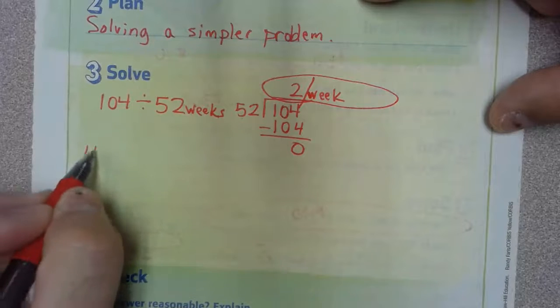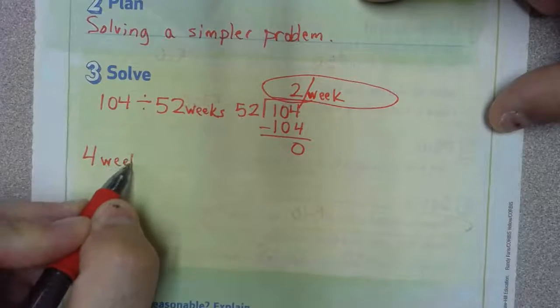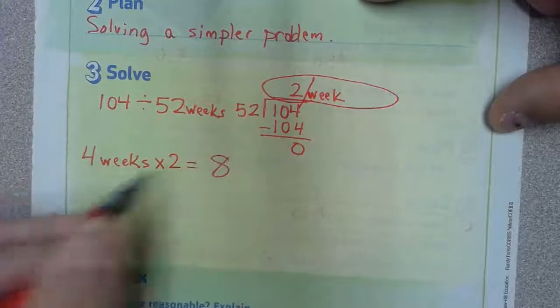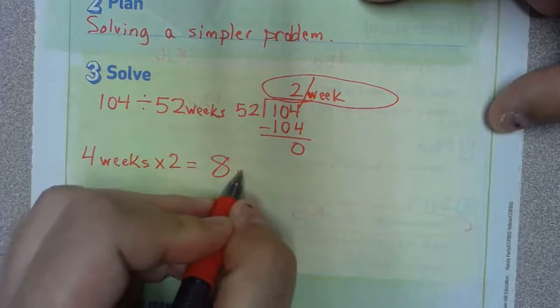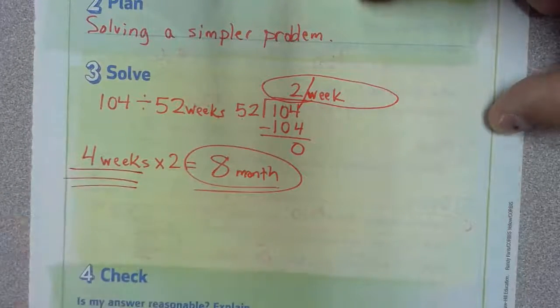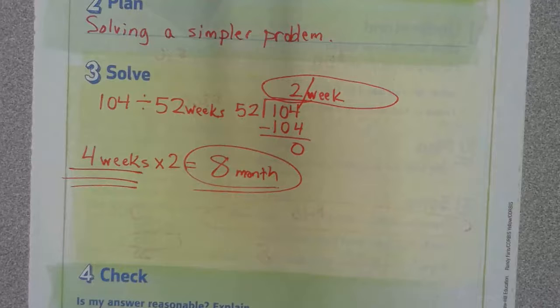So he says there's 4 weeks in a month. 4 times 2 equals 8, he said. So it looks to me like the answer is she watches 8 movies a month because he said there's 4 weeks in a month, and you times that by 2. Good job, Ethan. Ethan, go get a sucker.